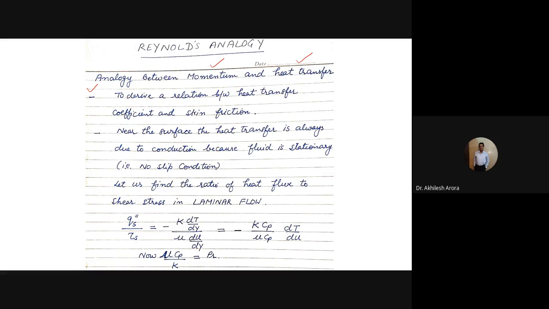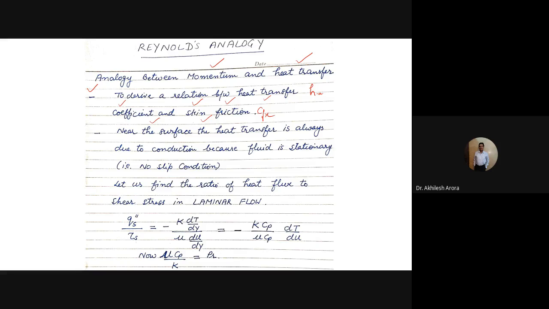So here our focus is to derive a relationship between the heat transfer coefficient and skin friction coefficient. You remember that the heat transfer coefficient is Hx, which is the local one, and the skin friction coefficient is Cfx. So we want to derive a relationship between the two, and the reason will be clear to you when the final expression is derived.